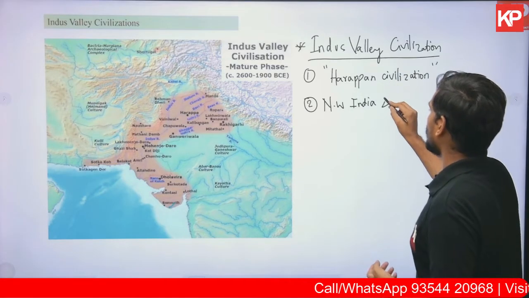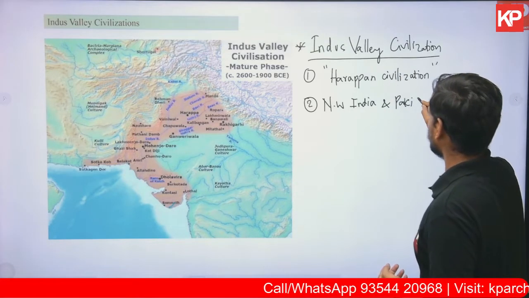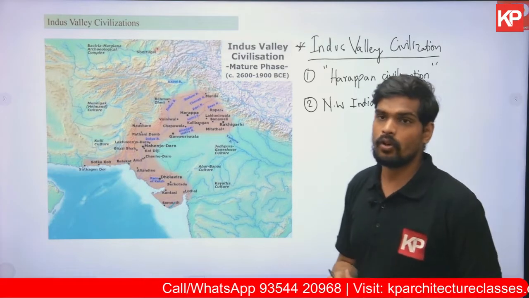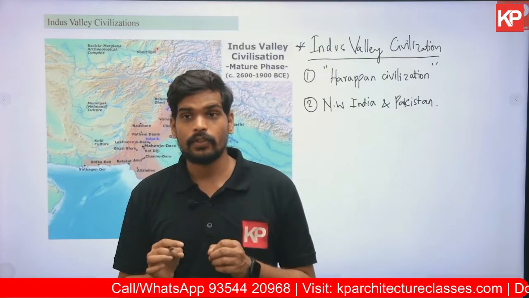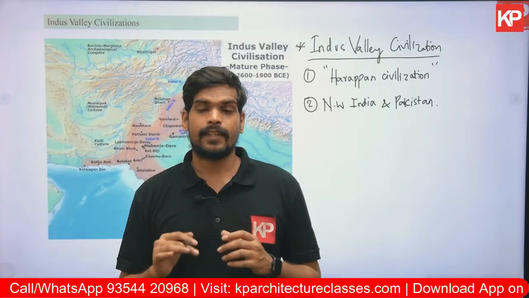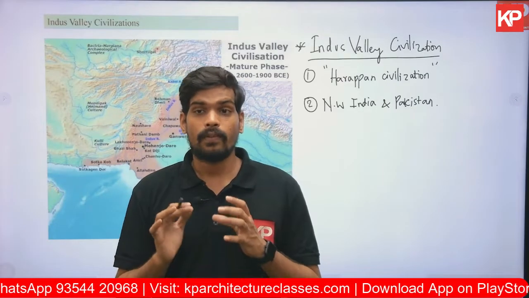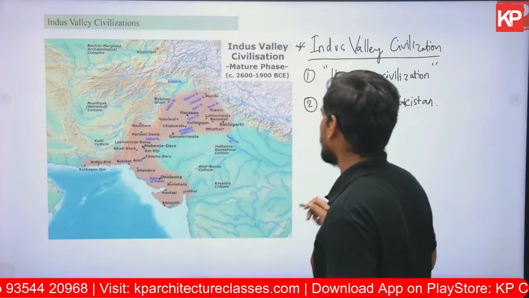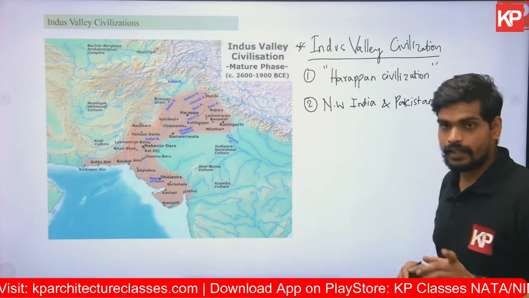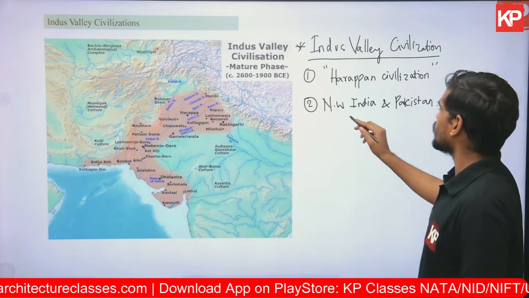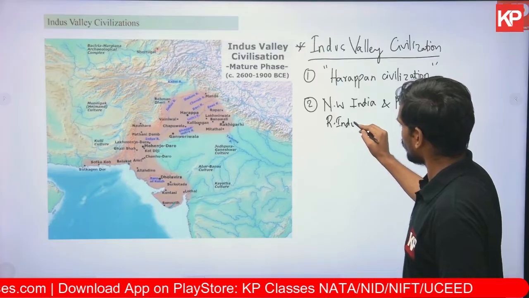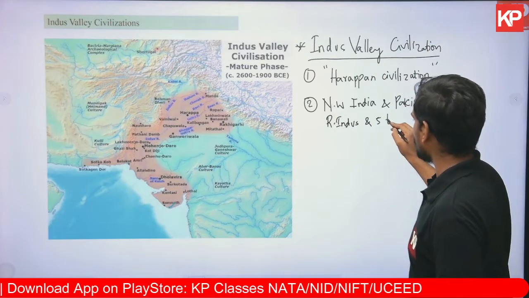Other than that, this civilization mainly existed along the river valleys of river Indus and its 5 tributaries. So with respect to geography, it is located in India and Pakistan, and in addition you can remember that it is located along river Indus and its 5 tributaries.